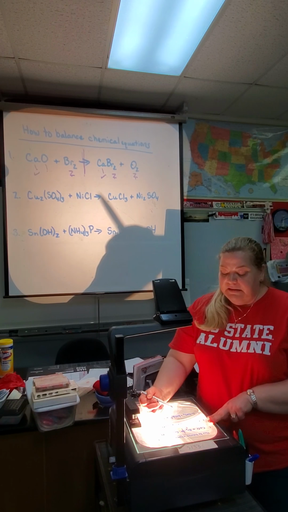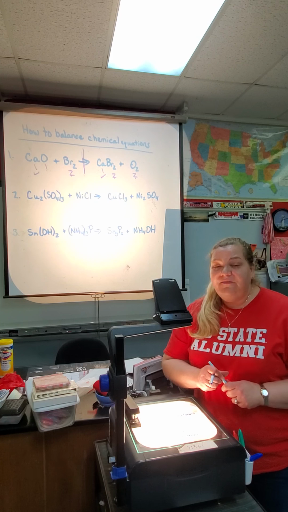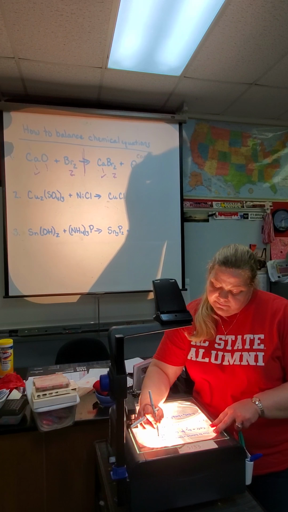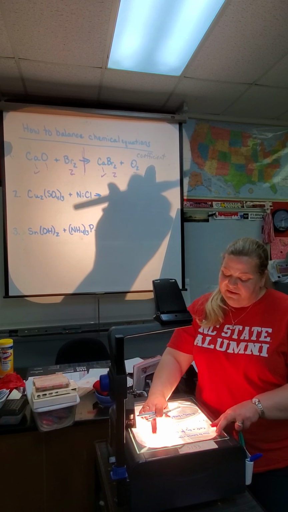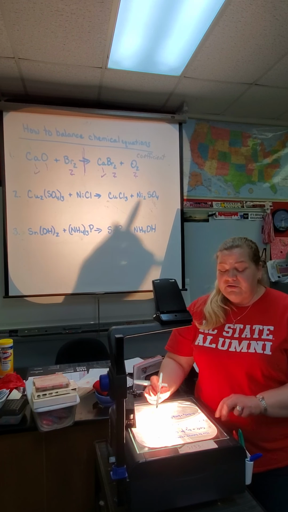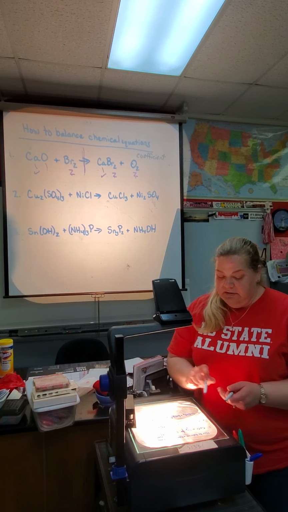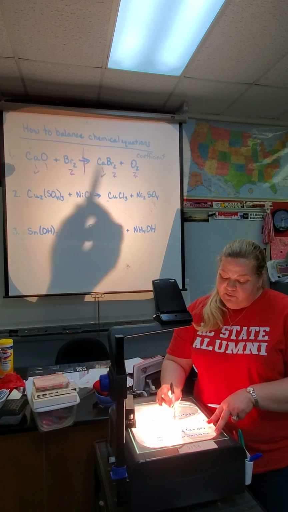Balanced. Now you're going to add what we call a coefficient. You have heard that word before, but I'll write it for you. Coefficient. C-O-E-F-F-I-C-I-E-N-T. Those are the big numbers that you're putting in front of the formula. So calciums are balanced, bromines are balanced.